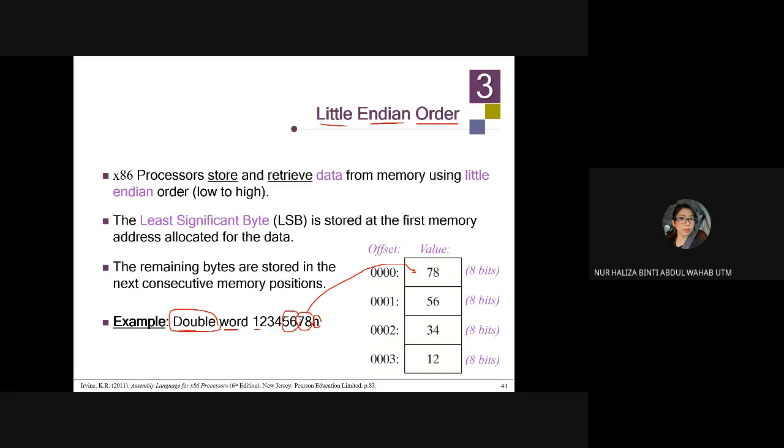This another one byte, you will put into this one. This one byte, sorry, until 3 only, put here. And lastly, this one byte into this one. Because this is one word.